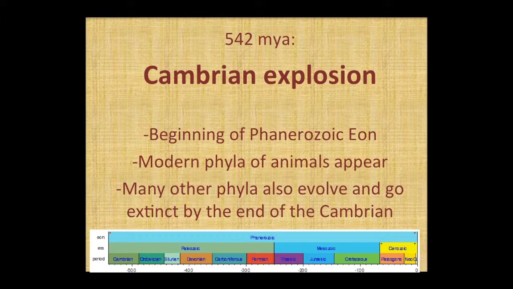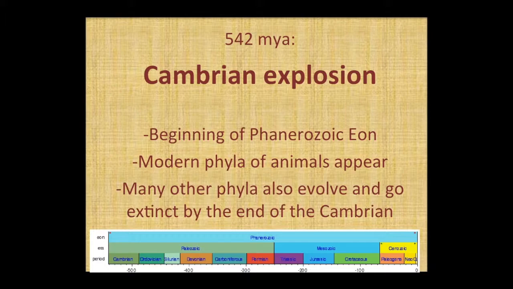Famously, around 542 million years ago, you have the Cambrian explosion. Now, prior to the Cambrian explosion, you had elements of life as we know it. Perhaps as much as 1 billion years ago, you have embryos of things related to sponges, or probably related to sponges.